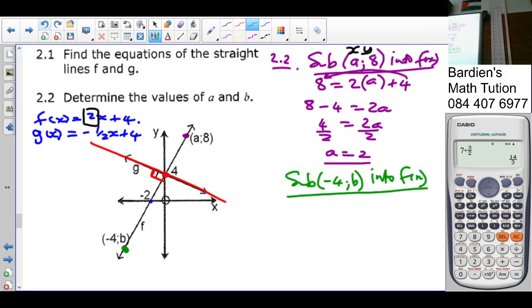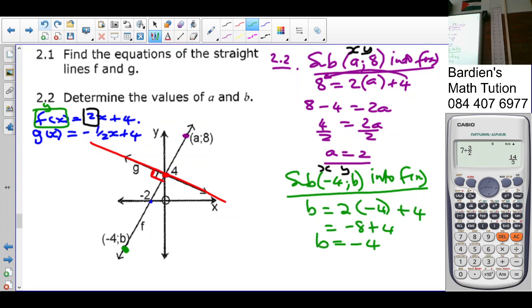Again, people, this is your y and that is your x. So what's your y value? b is equal to 2 times negative 4 plus 4. 2 times negative 4 is negative 8, plus 4 is negative 4. Here I got my a and my b value.